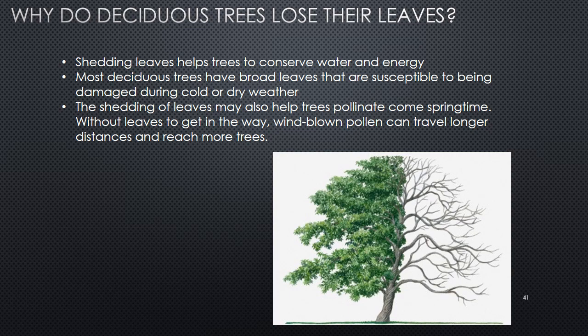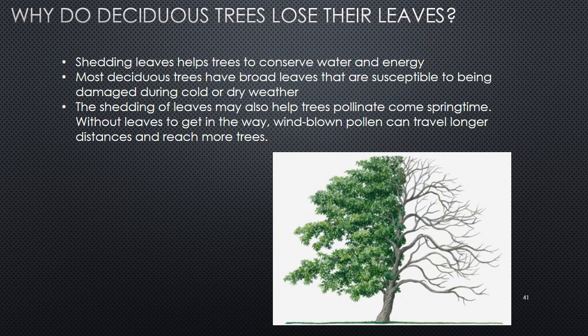So why do deciduous trees lose their leaves? Usually it's thought that it helps to conserve water and energy. Most deciduous trees have broad leaves that have more margins, so they're susceptible to damage in cold and dry weather.